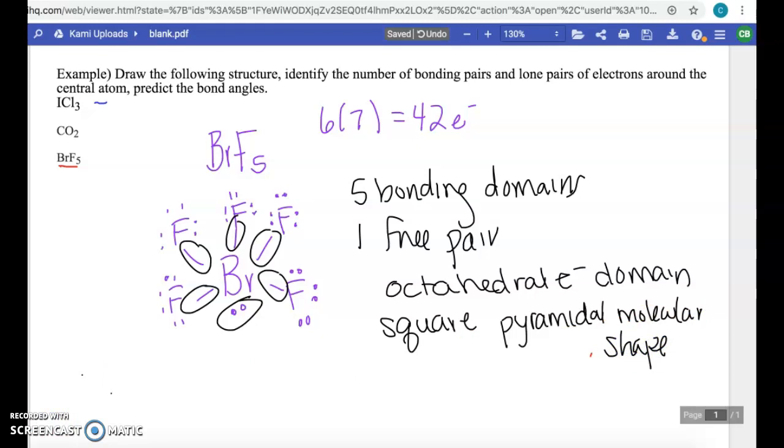So there you have it. That's pretty much the entirety of VSEPR theory. You have to be able to identify the name of the electron domain, so when we're actually looking at those free pairs of electrons, also the molecular shape, you have to be able to name, and it all hinges on your ability to actually draw the Lewis structure correctly.